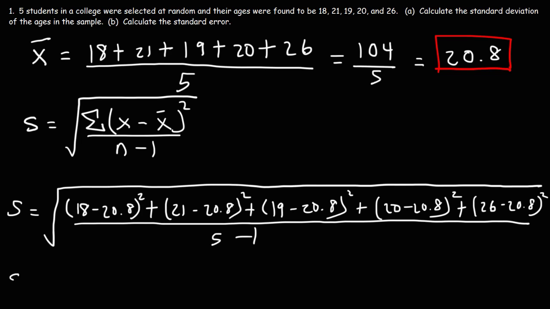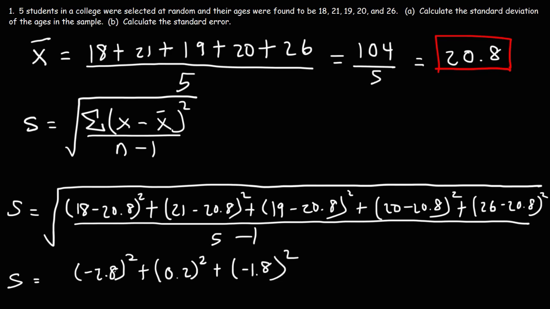Now let's take this one step at a time. First, let's find the difference between 18 and 20.8. 18 minus 20.8, that's negative 2.8. 21 minus 20.8, that's going to be positive 0.2. 19 minus 20.8, that's negative 1.8. 20 minus 20.8 is negative 0.8.